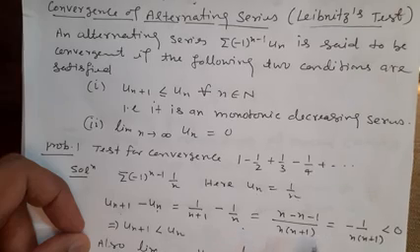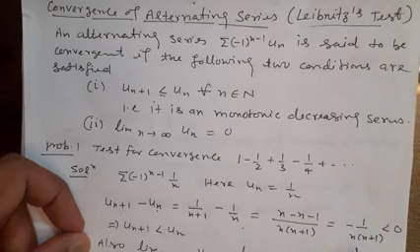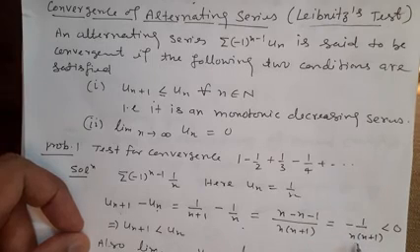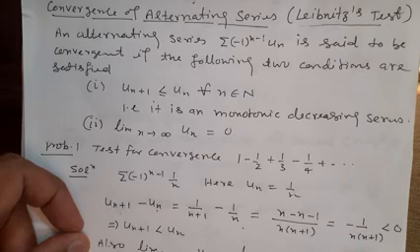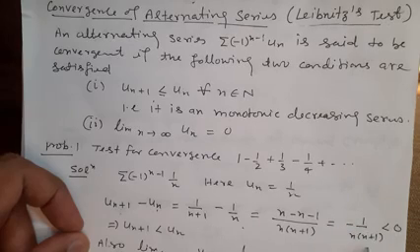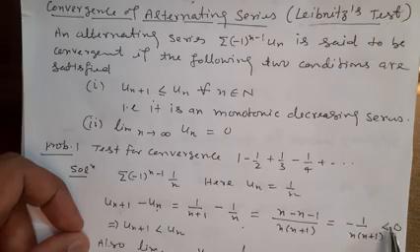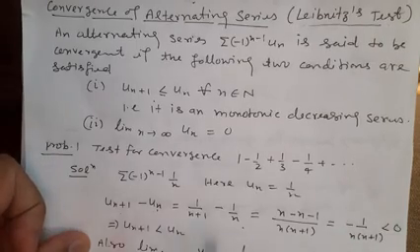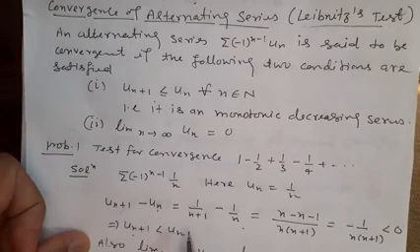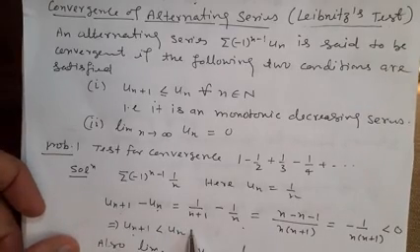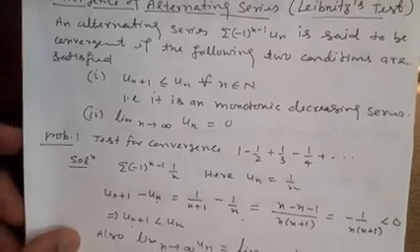After solving it, you will get minus 1 upon n into n plus 1. You can see n and n plus 1 both are positive quantities. So it means this whole quantity is negative, means less than 0. It means un plus 1 is less than un. So you can see the first condition is satisfied.